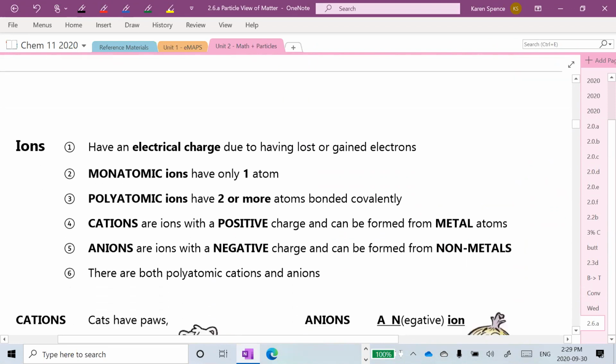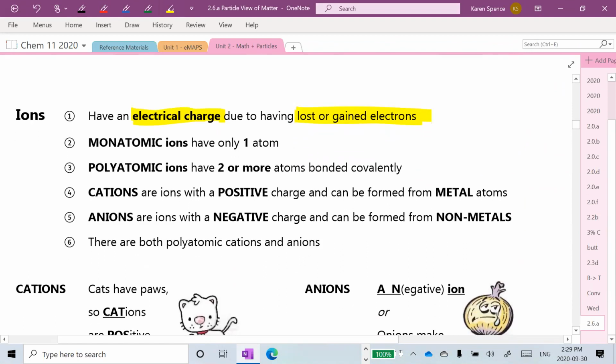Particle type number 4, ions. They have an electrical charge. They have either lost or gained electrons. Do you guys know what the prefix mono means? Mono means 1. So if you have a monatomic ion, monatomic, you only have 1 atom.